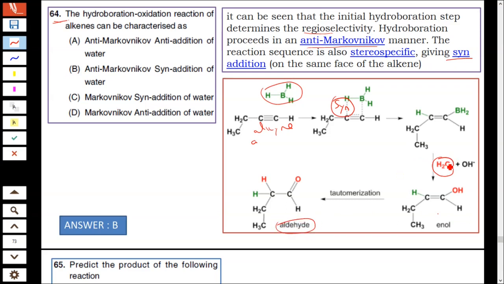Hence, for anti-Markovnikov addition we use hydrogen peroxide. So option B is correct. It's an anti-Markovnikov addition, we are using hydrogen peroxide, and it's a syn addition.